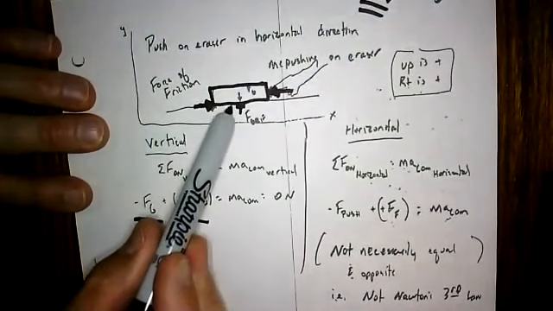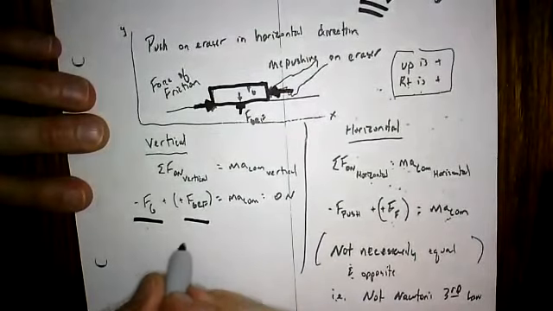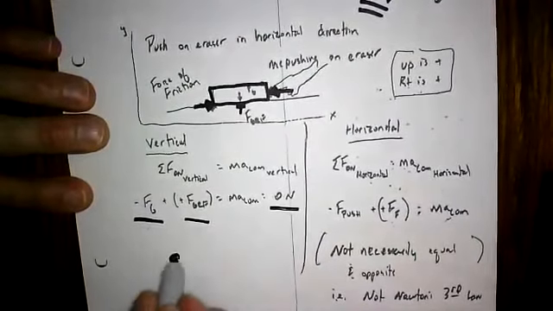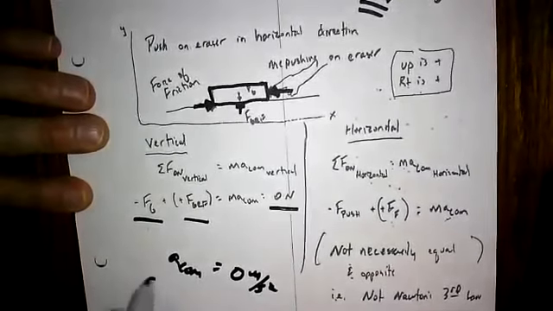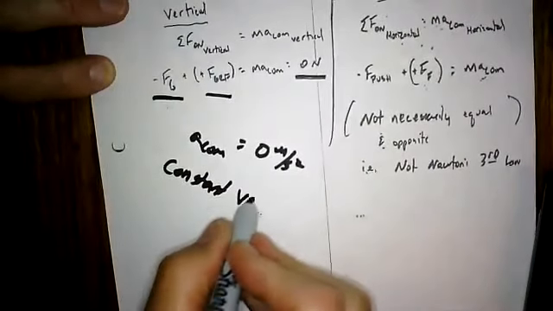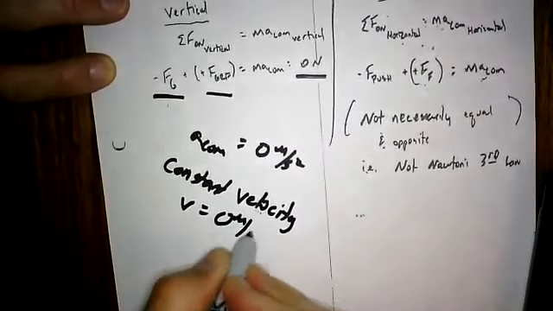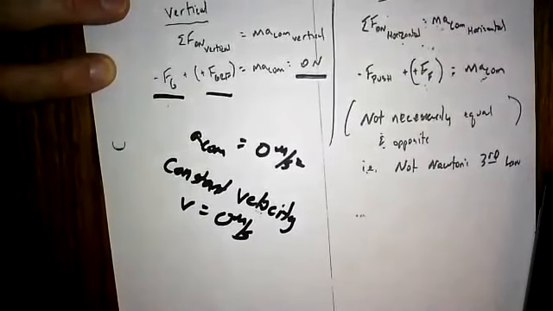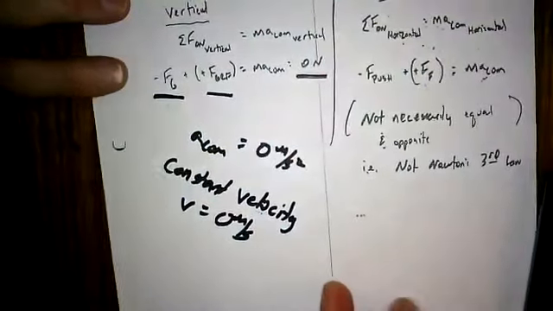So as long as these two forces are equal in magnitude, acceleration is 0, which is constant velocity. And in this case, velocity is 0 meters per second, meaning no movement. And it's still no movement, and still no movement in the vertical direction. So constant velocity, 0 acceleration.